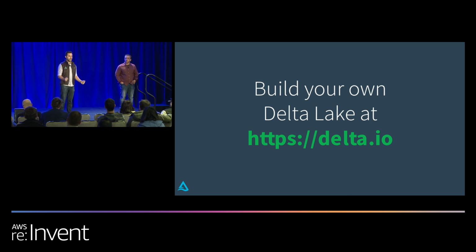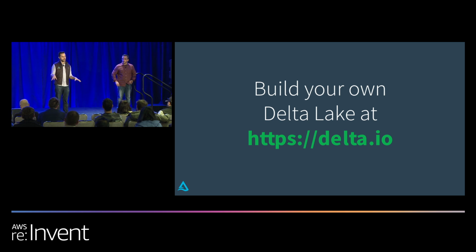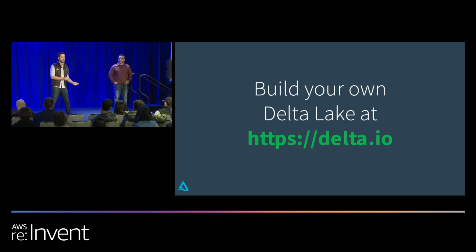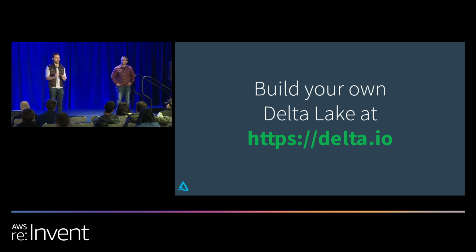In terms of cleaning up old versions that no longer exist, there's a command called vacuum. When you vacuum the table, you give it a retention period. By default, it's 7 days. And we will delete any version of the table that is more than 7 days old. Now that prevents you from time traveling or streaming from 7 days before. So your streams need to be up to date within the window that you do it from.